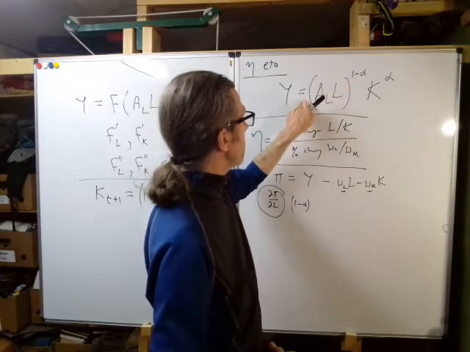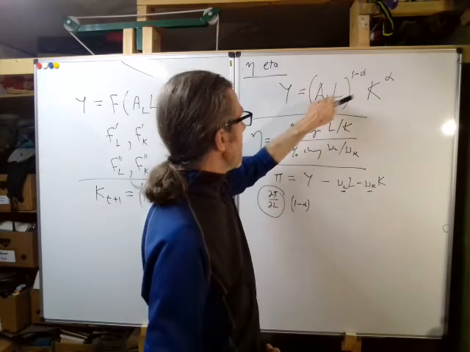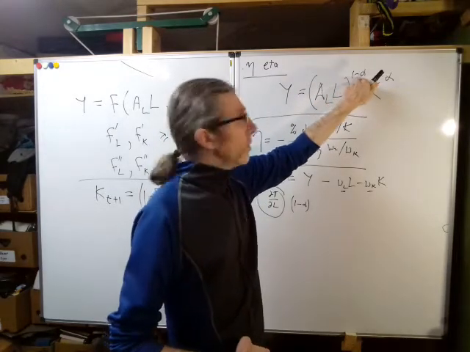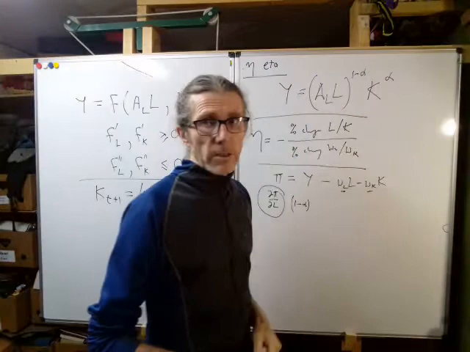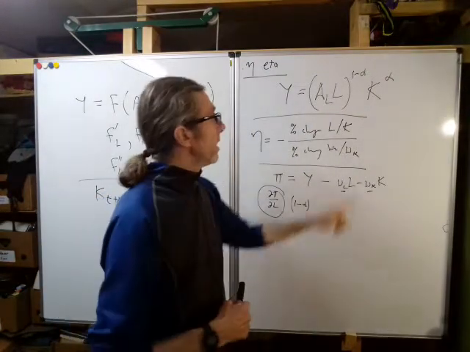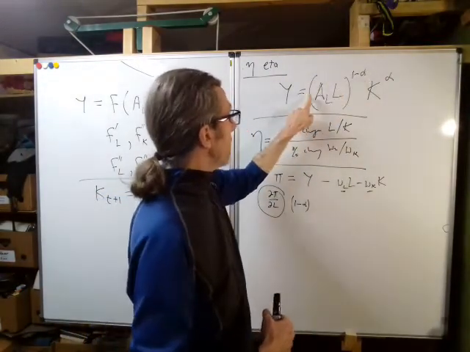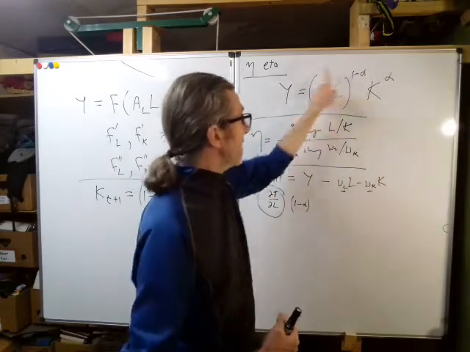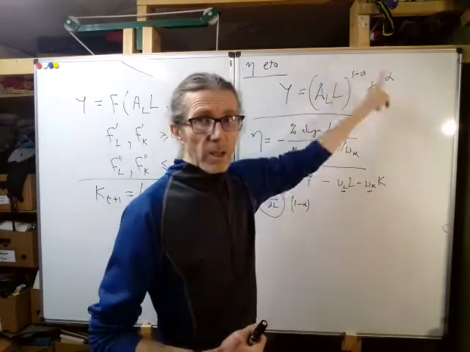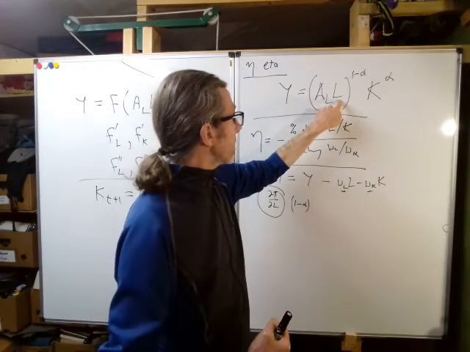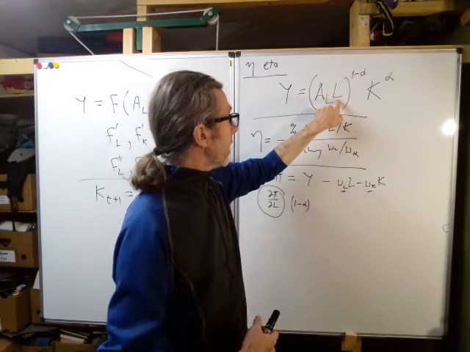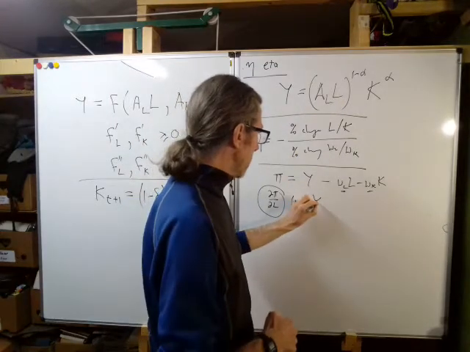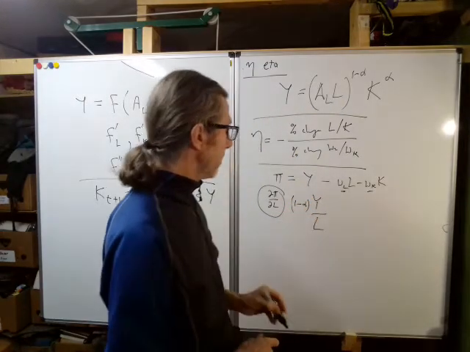Normally you would say 1 minus alpha times AL to the 1 minus alpha, L to the 1 minus alpha minus 1, wouldn't you? Times K to the alpha. But I'm going to teach you to think differently. I'm going to think it's 1 minus alpha times y. Okay, but then we're dropping the power of L by 1. So it's 1 minus alpha times y divided by L.